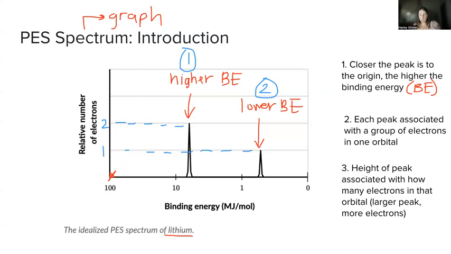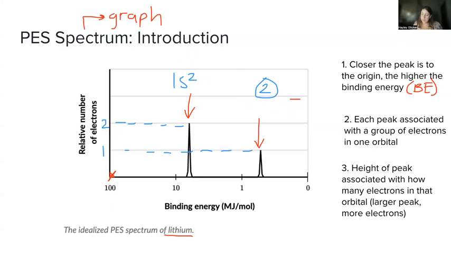What we've just determined is that because we understand electron configurations now, we know that the orbital closest to the nucleus is the 1s orbital. The height tells me that our first peak on the left represents our 1s2 orbital. 2 electrons were ejected from our 1s orbital, and we can identify that because that peak is the closest to the origin, meaning it's our highest binding energy.